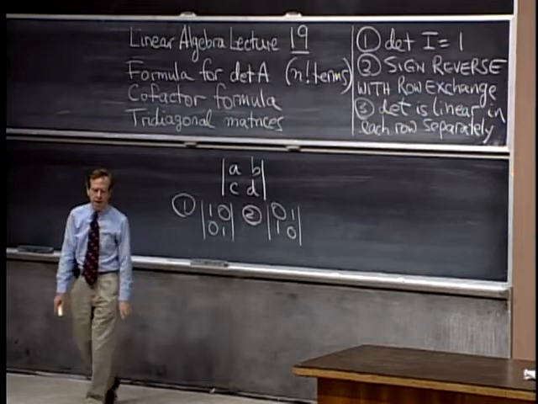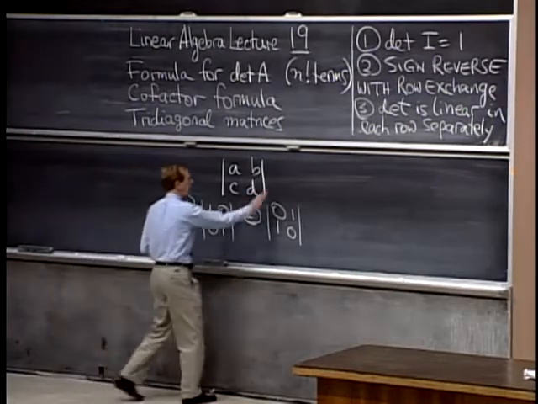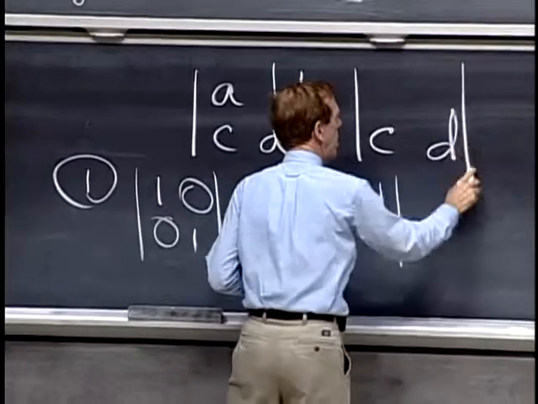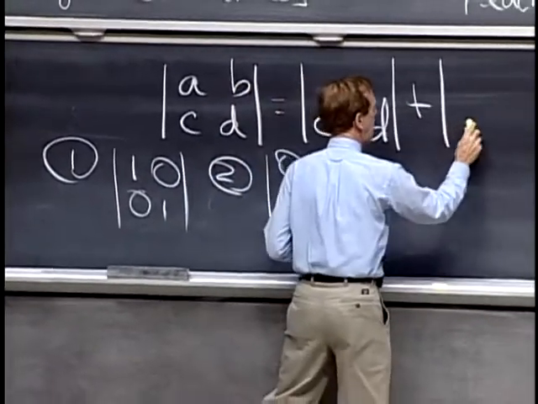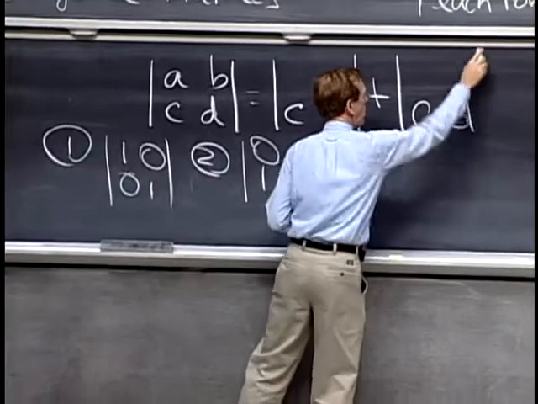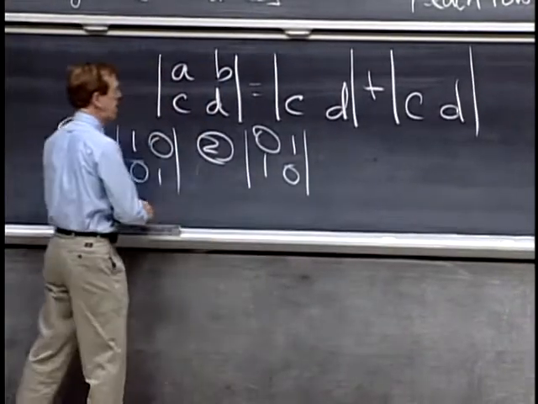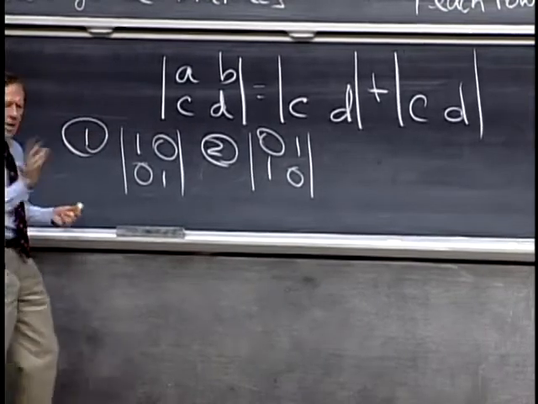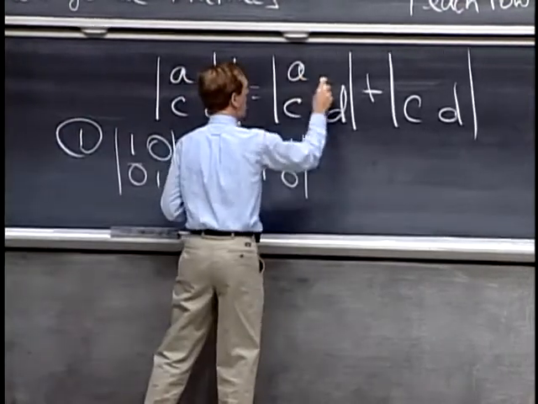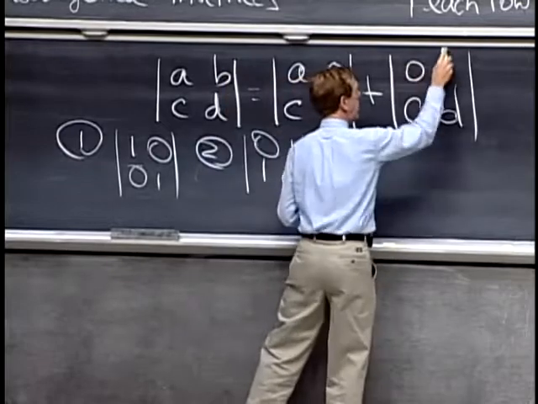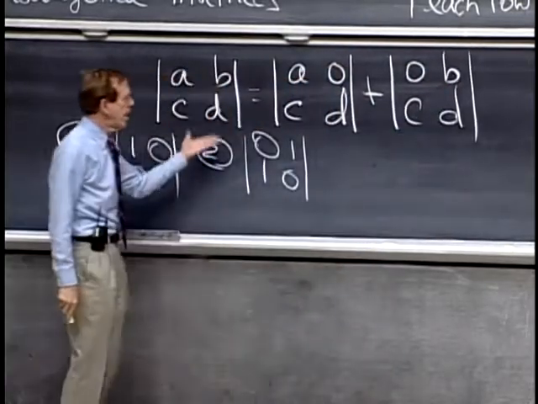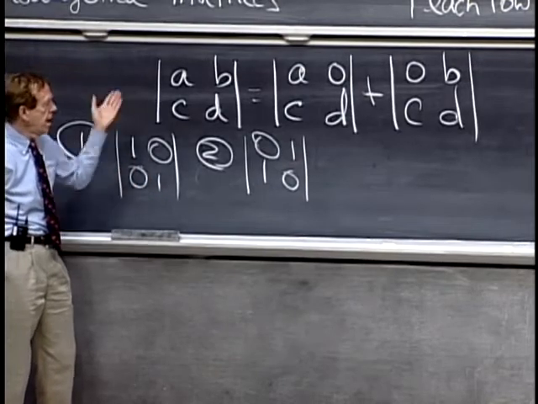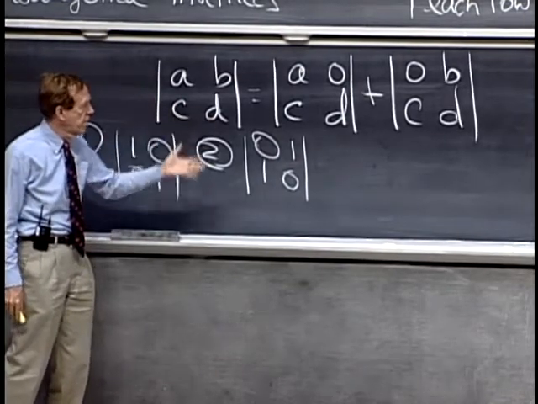If I keep the second row the same, I'm allowed to use linearity in the first row. I'll write this vector (a, b) as (a, 0) plus (0, b). So that's one step using property 3: linearity in the first row when the second row is the same.